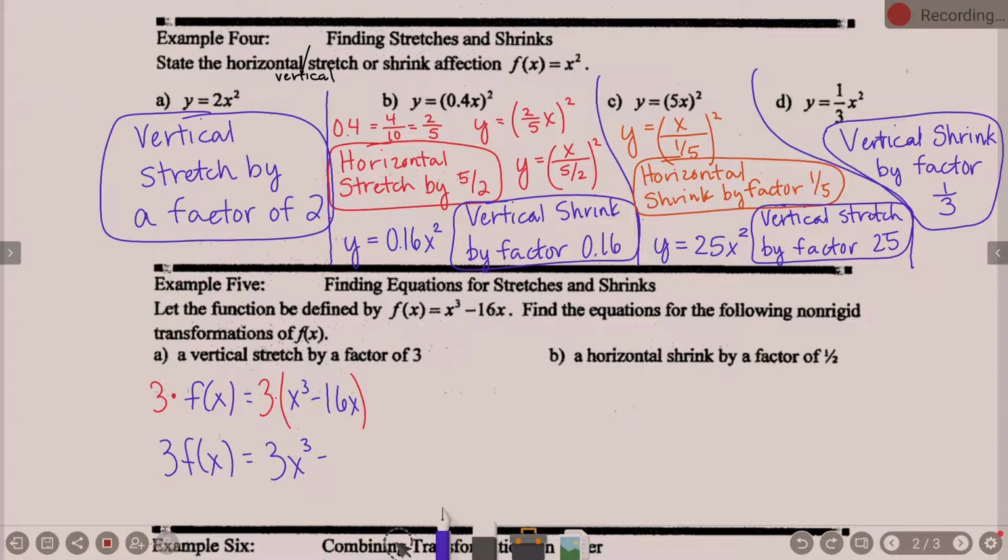Three x cubed minus 48x. So vertical, it's 3 times f of x, just multiply everything by 3.